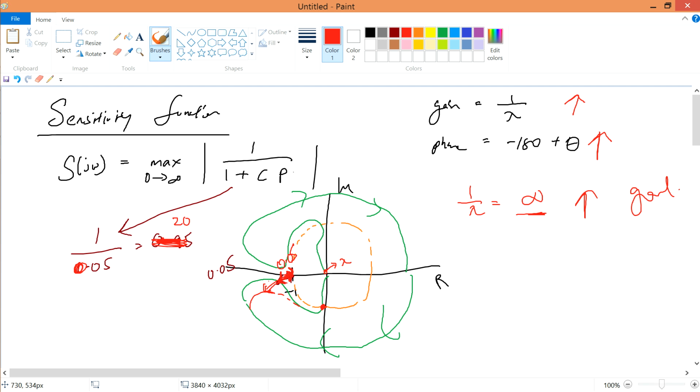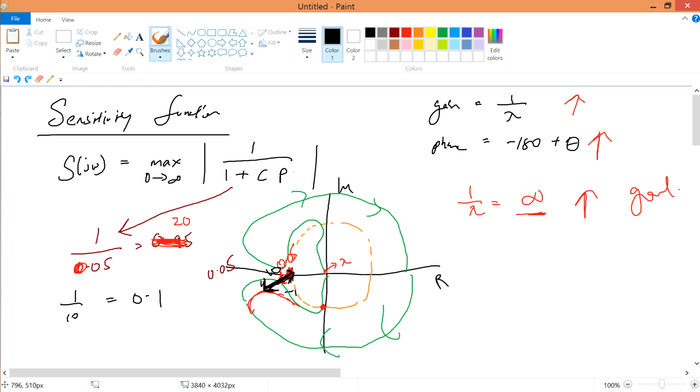Now, if I have a new Nyquist plot that is somewhere over here instead of this one, then the distance over here is larger. Perhaps this distance 1 plus CP is 10, and therefore 1 divided by 10 is equal to 0.1. What does this imply?